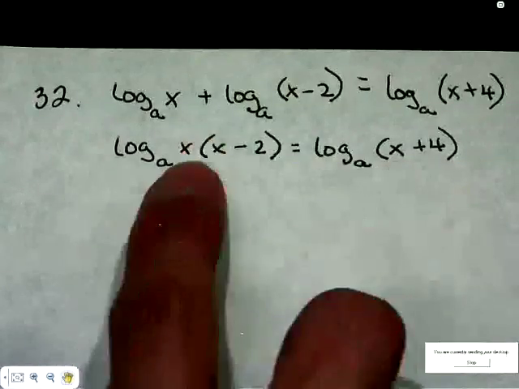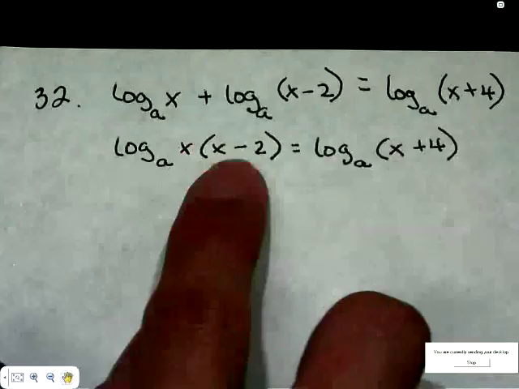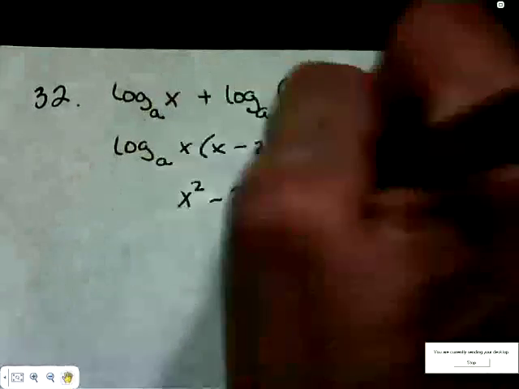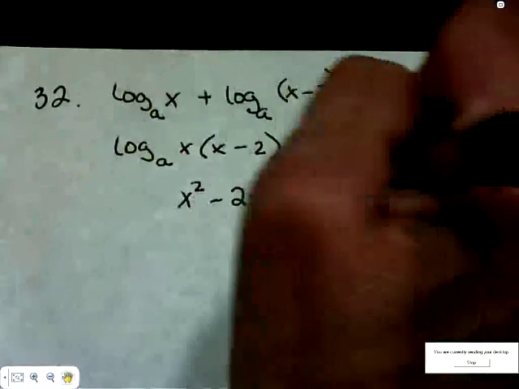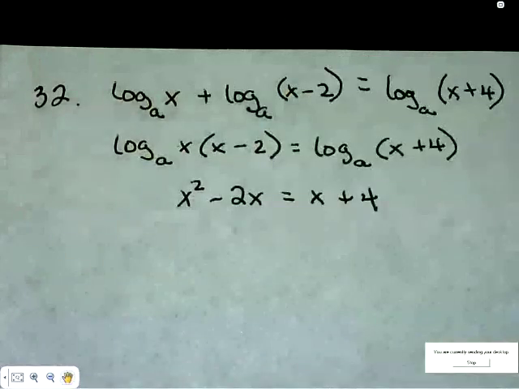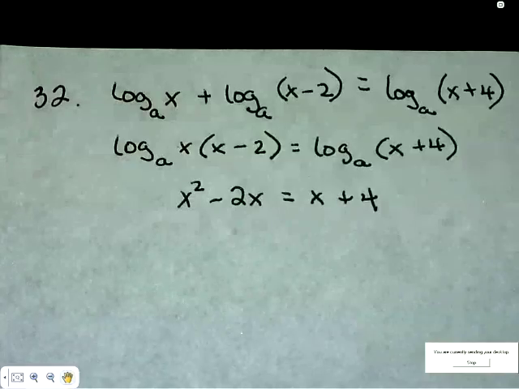I'm going to go ahead and distribute this x squared minus 2x, and on the right-hand side, that equals x plus 4. What kind of equation is that? Quadratic, so the first thing I have to do is, even before factor, get it in standard form, set it equal to 0.